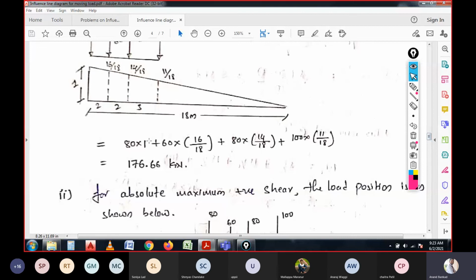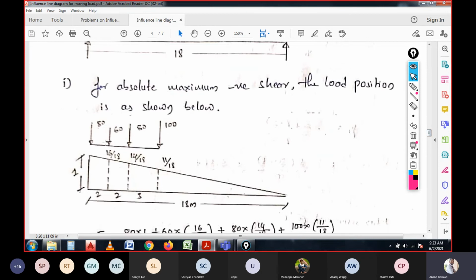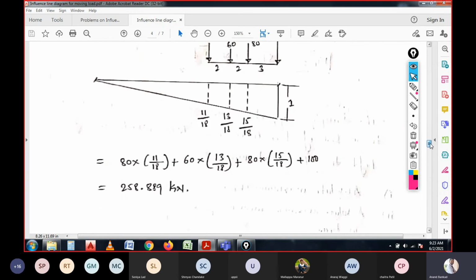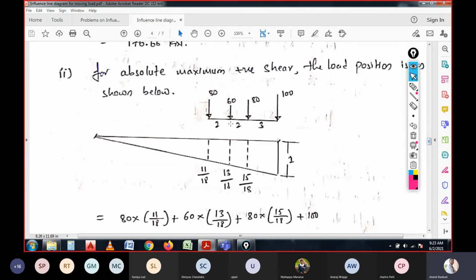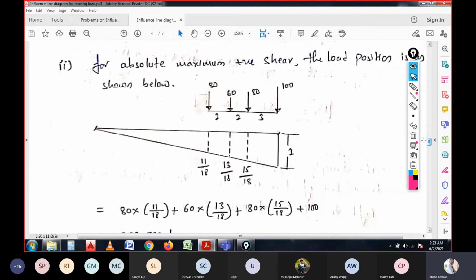So now once you solve for this, it will be 176.66 kilonewtons at this support, when the loads are placed near support A. At the same time, if you place the loads towards support B, or towards the right, then we can say that it is the positive shear force. Then again the loads are measured from the distance of the other end.